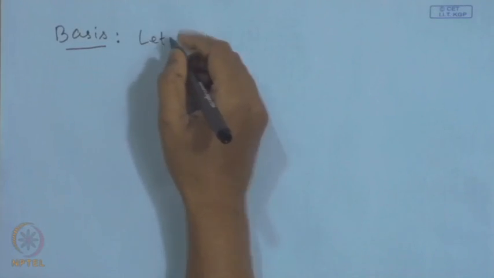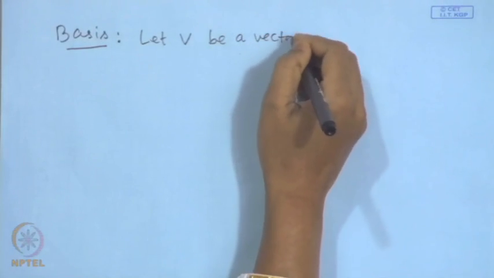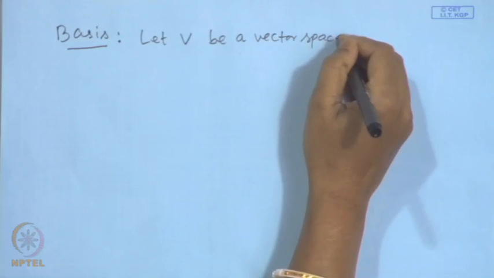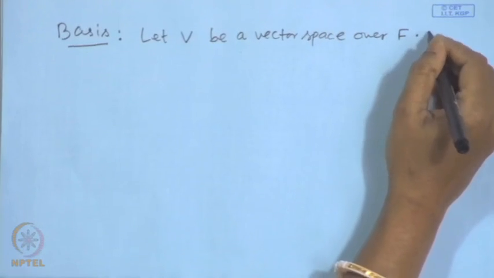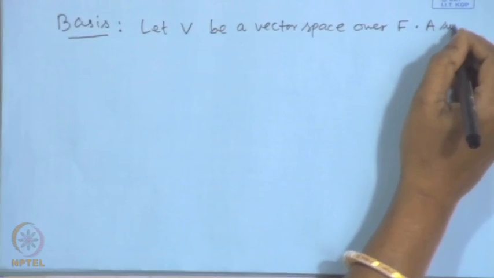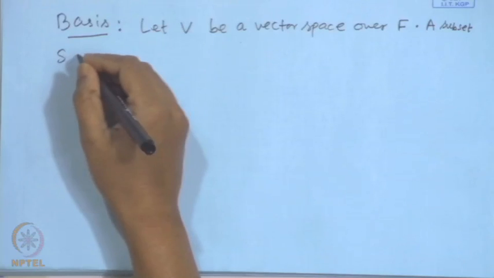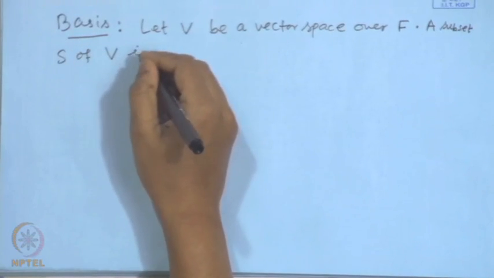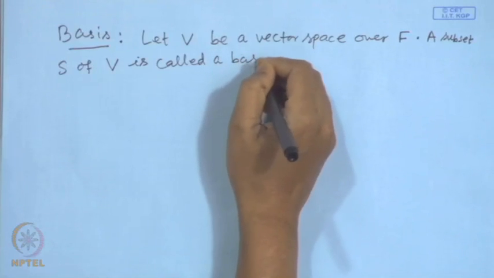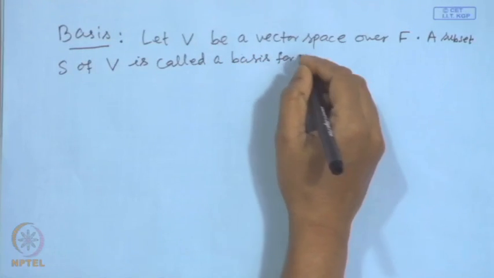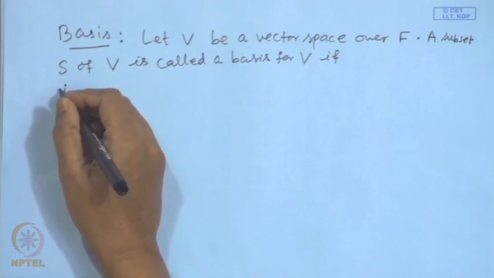Let V be a vector space over F. A subset S of V is called a basis for V if the following two conditions hold.